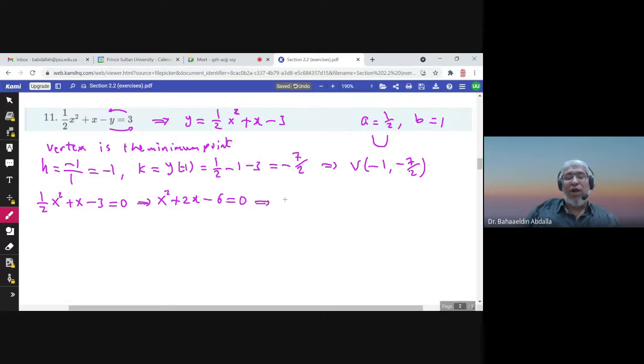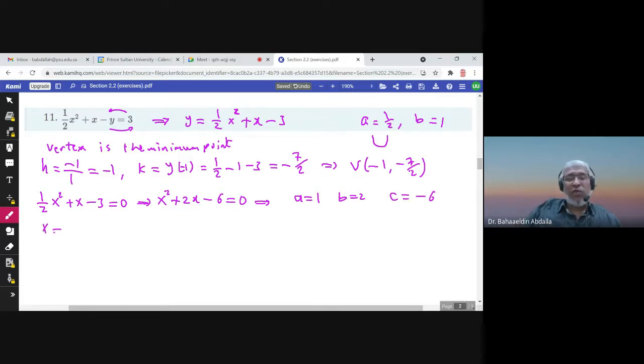Now try to factor. Do we have two numbers with product -6 and sum 2? 2 times 3 is 6? No. So I will use the quadratic formula to solve this equation. So A is 1, B is 2, C is -6.